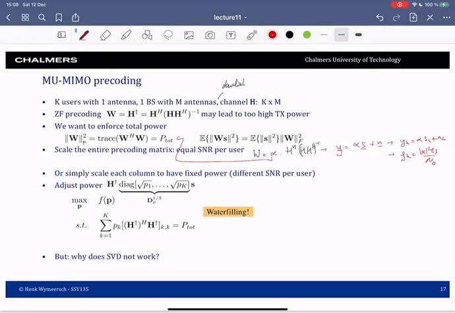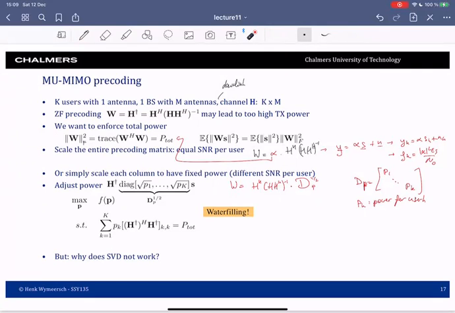Okay, so you say that W is H Hermitian (H H Hermitian) inverse times a diagonal matrix, which we here call D_P to the 1/2, where D_P is equal to diag(p1, ..., pK), where pK is the power for user K, with now then this constraint here.